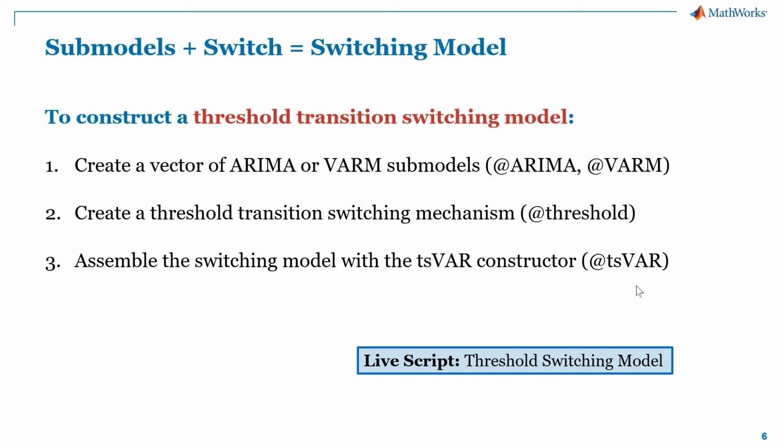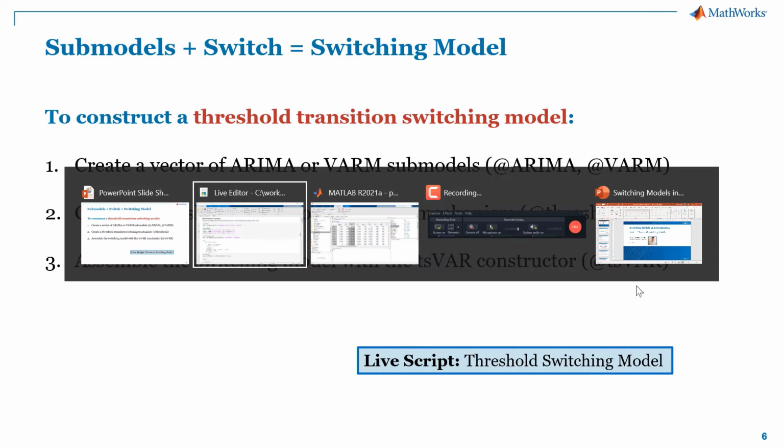And this gives you a lot of flexibility when you're working with data that you wish to describe with a switching model to go back and forth and look at different kinds of switching models on the same data. Because the commands are so similar, you can do a lot of exploration of different models and see which one best describes your data. The parallel interfaces between the Markov switching models and the threshold switching models make this very easy to do.